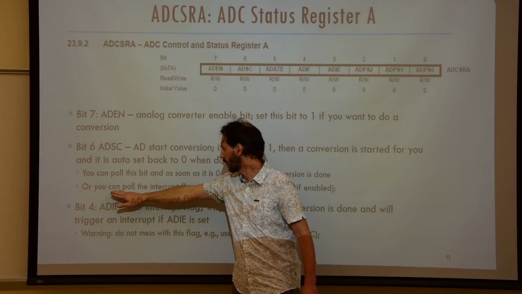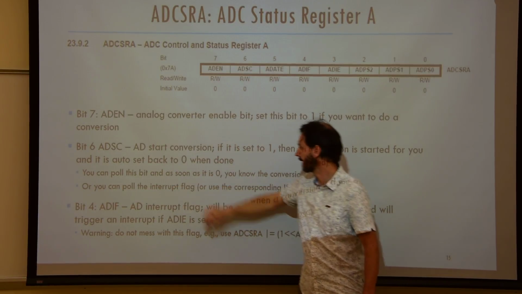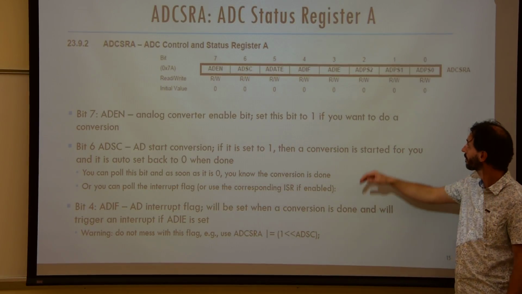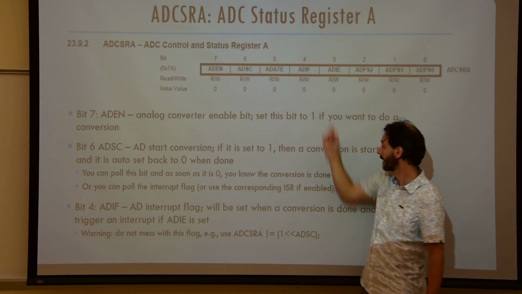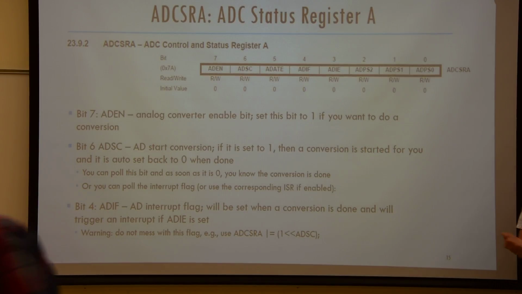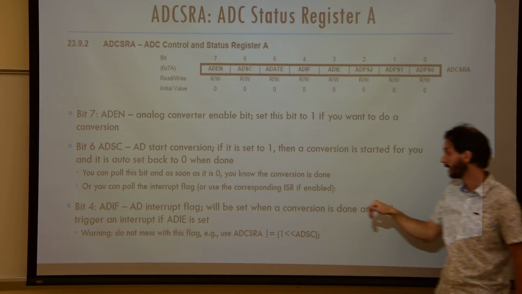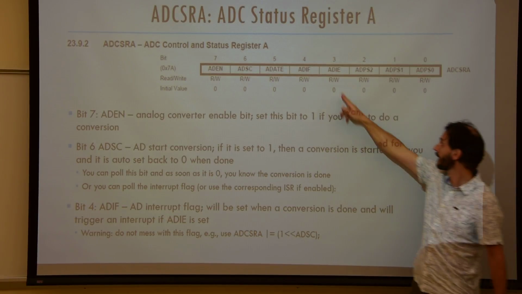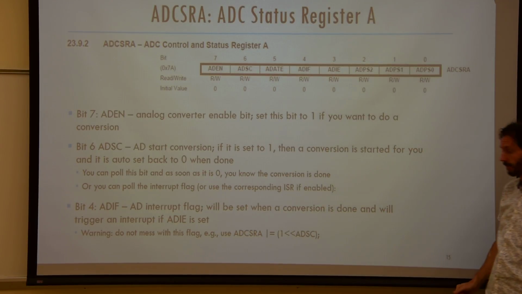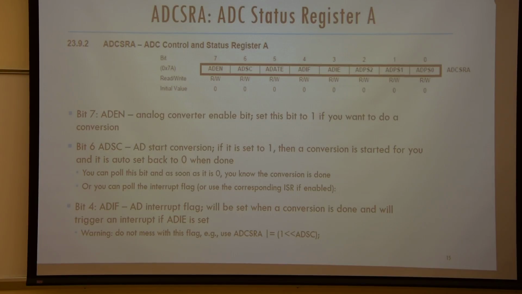Now you could also poll the interrupt flag. There's the interrupt flag right over here, because the interrupt flag will be set to 1 if the conversion has finished. And actually, it will activate the corresponding interrupt service routine if you have enabled the interrupt. So we'll play with all of this obviously.